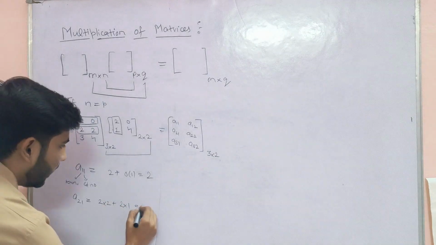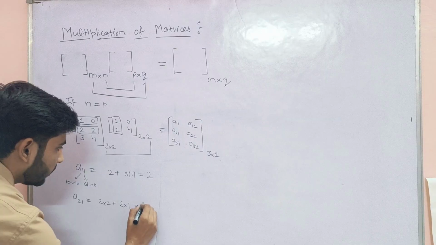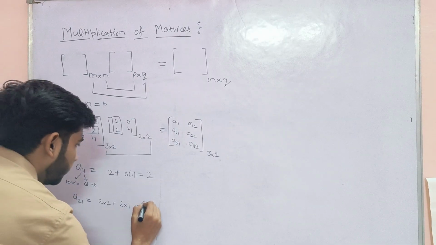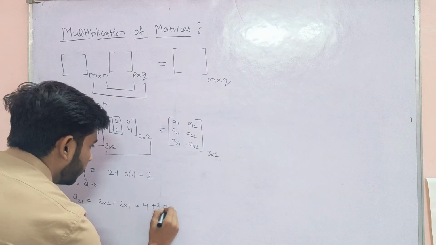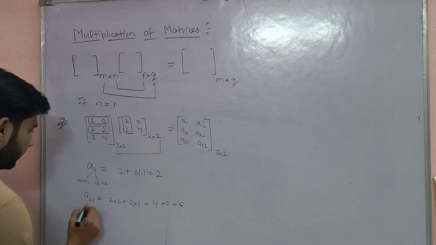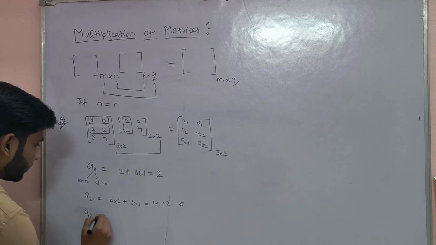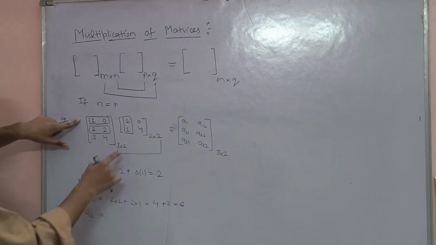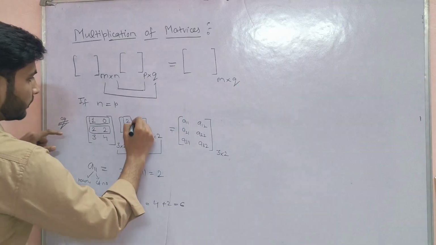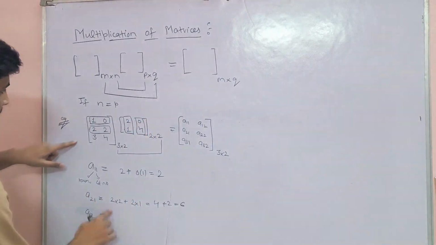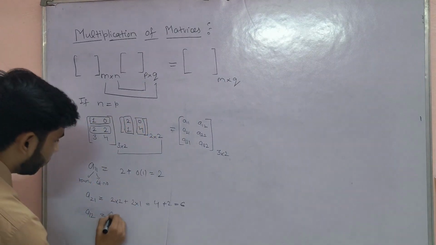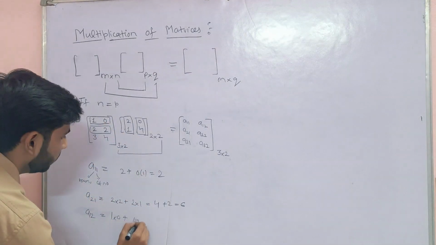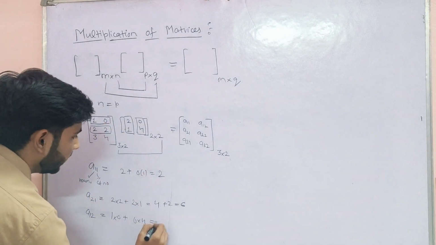So when we add, we will get 4 plus 2, 6. Similarly, we find A12. So we take the first row and second column. 1 into 0, 0, plus 0 into 4. We will get 0.